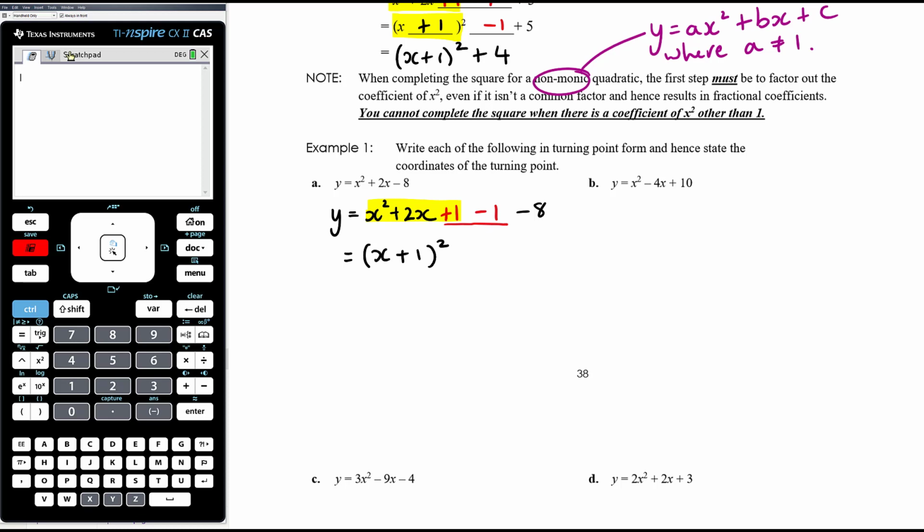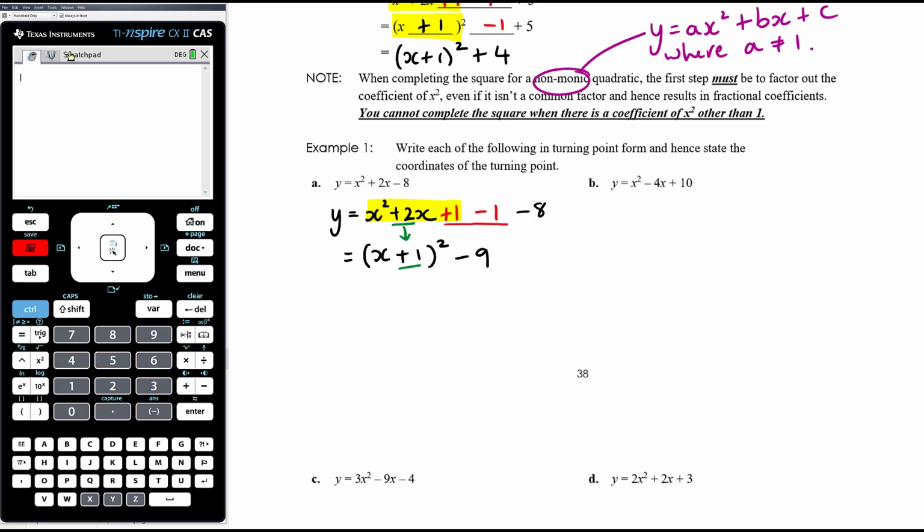Remember, we take this number here, the plus 2, and we halve it to get this number here. Okay, and then outside of the perfect square, so outside of the yellow highlighting, we've still got negative 1 and negative 8, so minus 1 minus 8, which is minus 9.